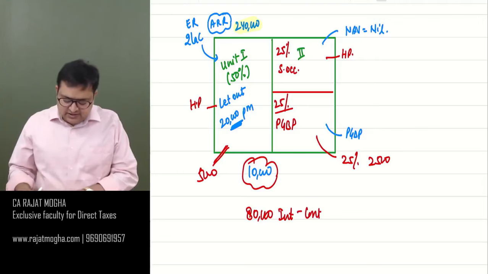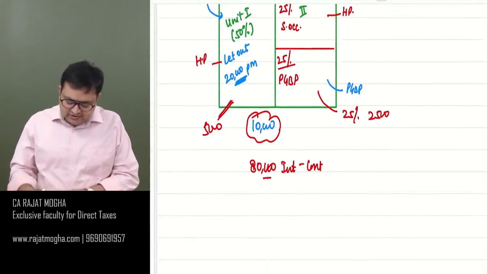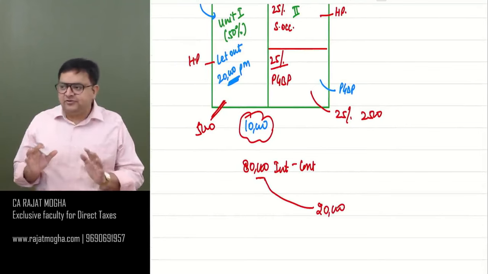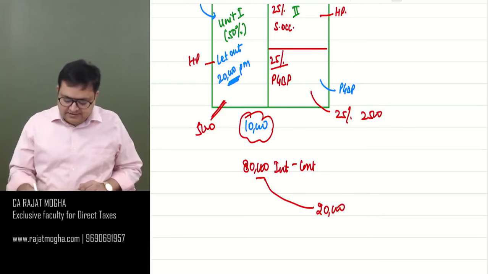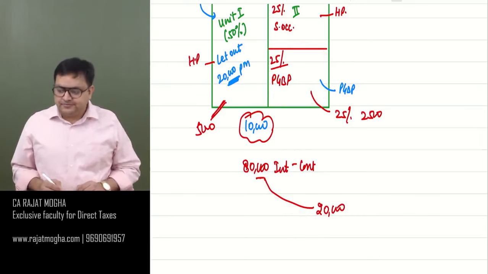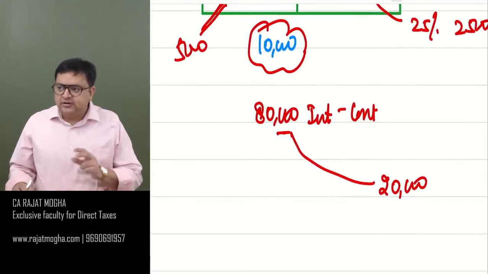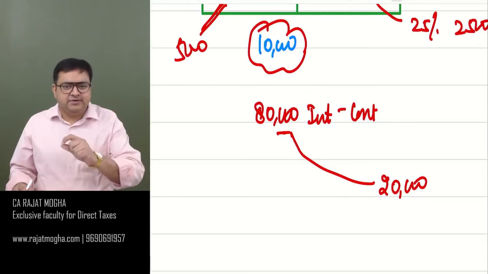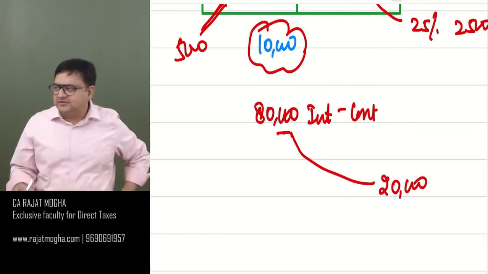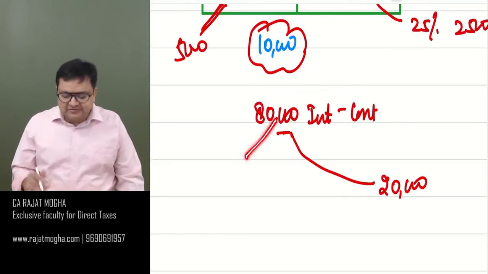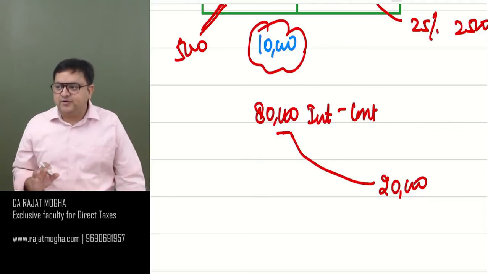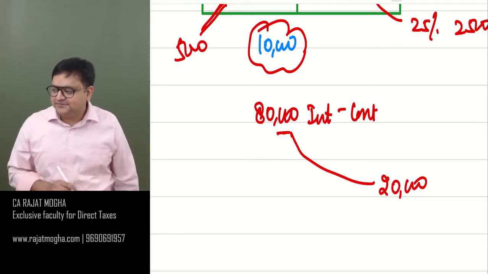Can I say out of this 80,000, my PGBP is 20,000? 25%, say yes or no. My PGBP is 25%. Everybody is okay. Out of this 80,000, only 25% is my PGBP. Why? Because only 25% is the house that I am using for my business. Remaining 75% is house property. All okay? Everybody okay with this or not? Tell me yes or no.